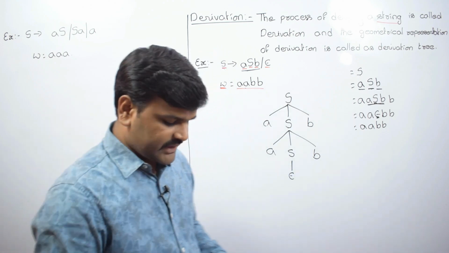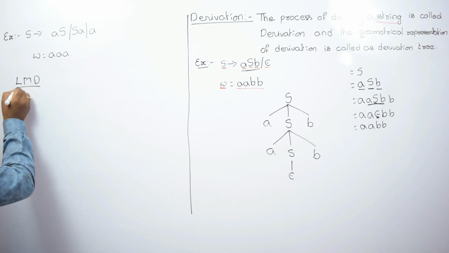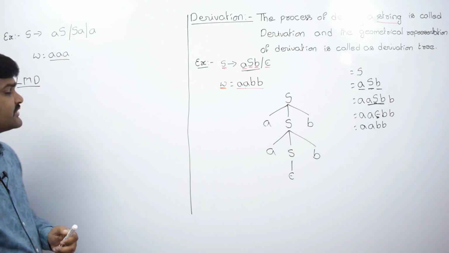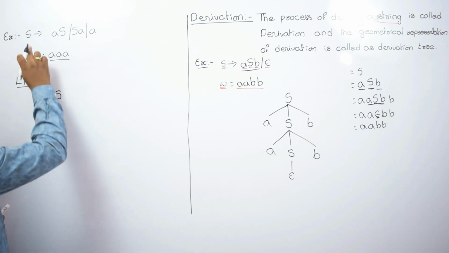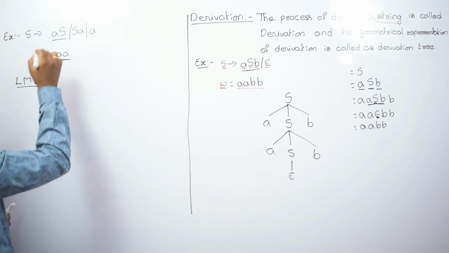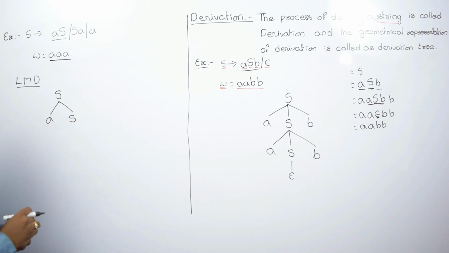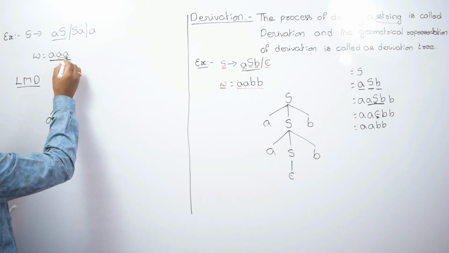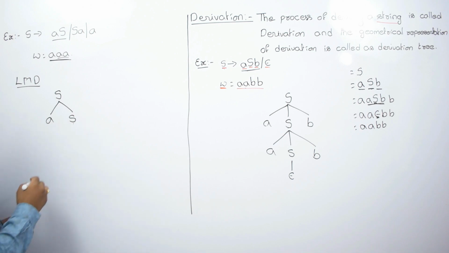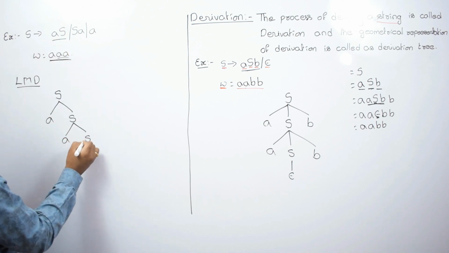For example, in the leftmost derivation, we have to generate this word from the given grammar. Initially the start symbol S. From this S, to generate this word, I can take A S. Next, to generate the remaining string, I have to expand this S again, so I take A S again.